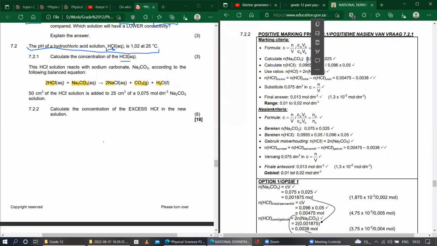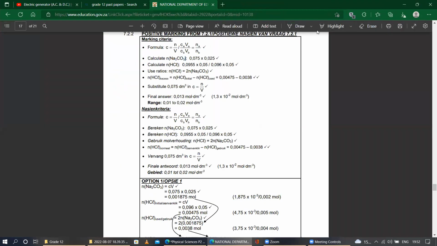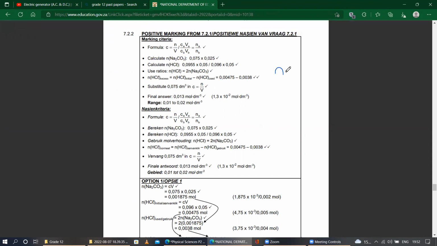Then we know that N is directly proportional to 1 over V, that's why NA is up here. We cross multiply this.